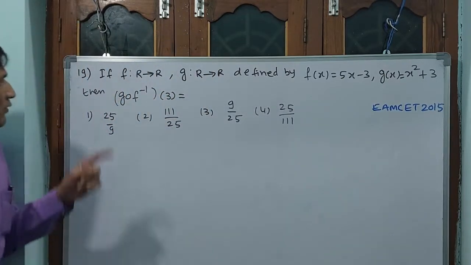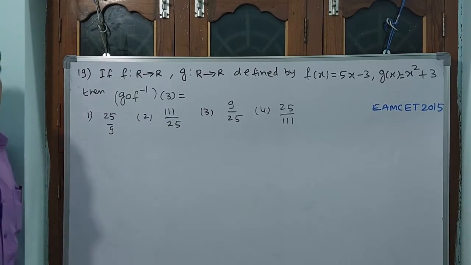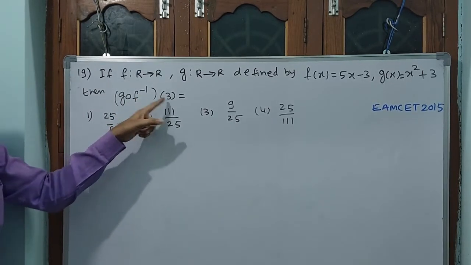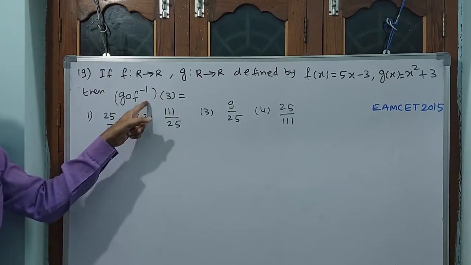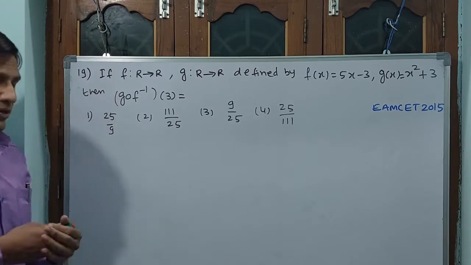Now they are asking g of f inverse of 3. First you have to find f inverse and substitute 3, so f inverse of 3 will come. This f inverse of 3 you have to substitute again in g. Then you are going to get the answer.